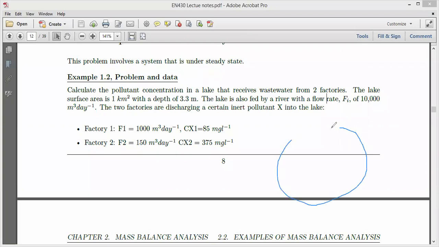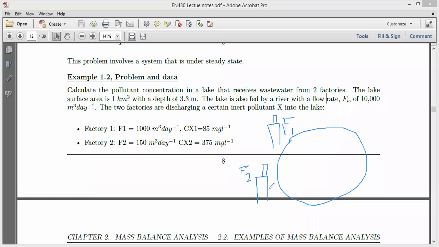Okay, so you have a lake here, and you have factory 1 here, F1. Then you have another factory here, which we are calling F2.